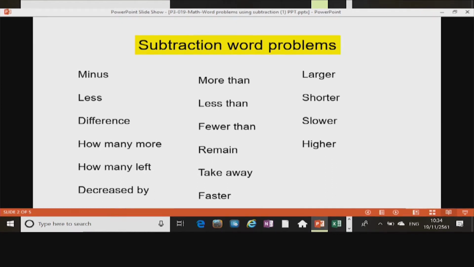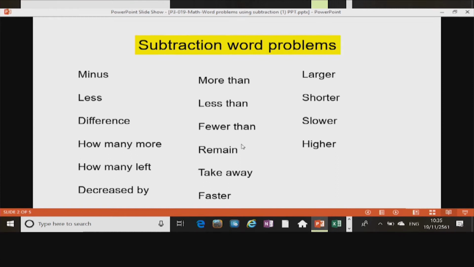Minus. Less. Difference. How many more? How many left? Decreased by. More than. Less than. Fewer than.